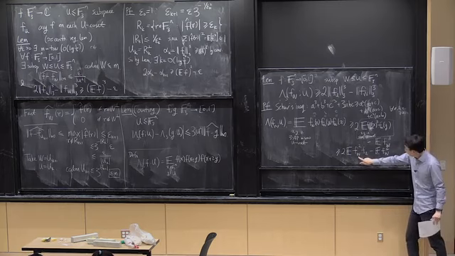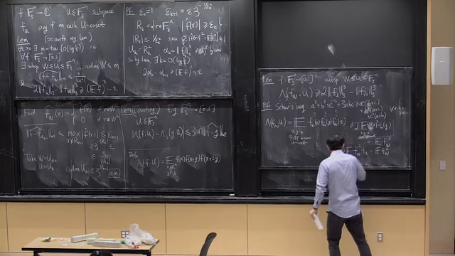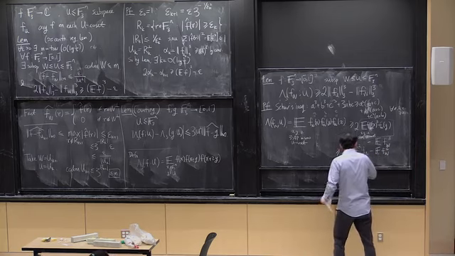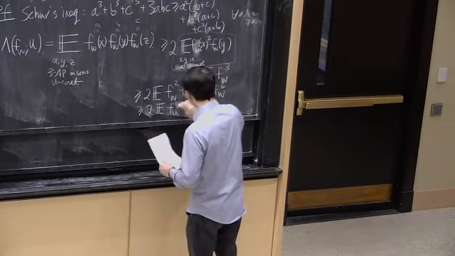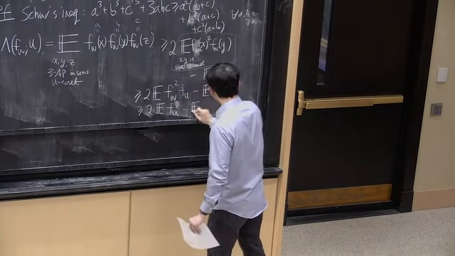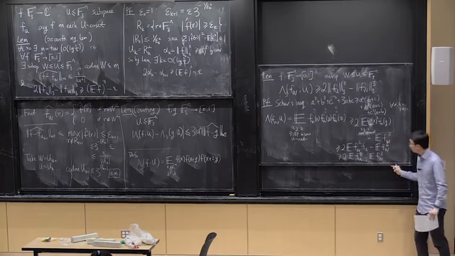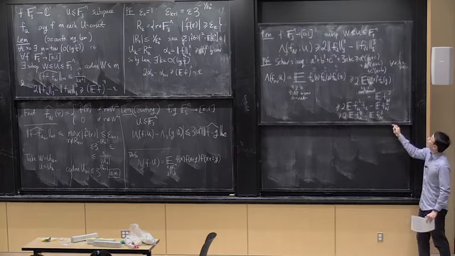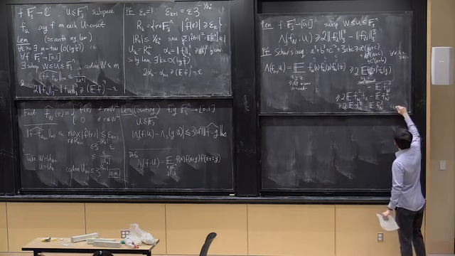And I can use convexity on f sub w to get that. Okay, which is what we're looking for. So the last step is convexity.